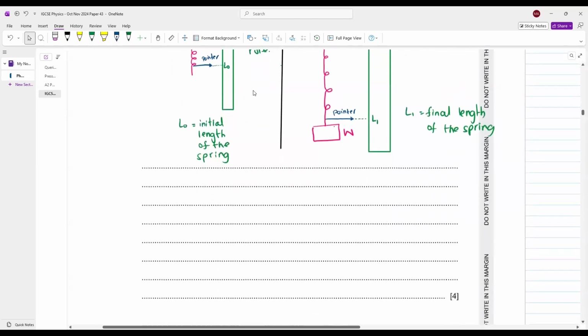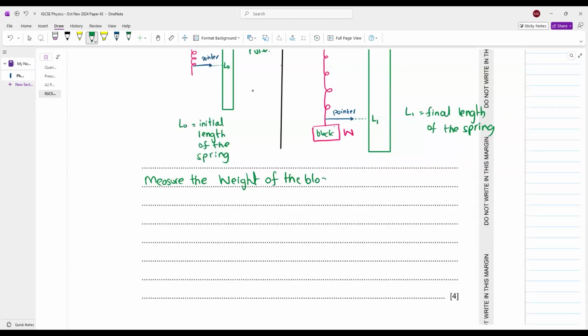First of all, you will start writing by saying: measure the weight of the block, this block. Measure the weight of this block using a force meter. Since you have to tell everything, you can say measure the weight of the block using a force meter. Perfect.